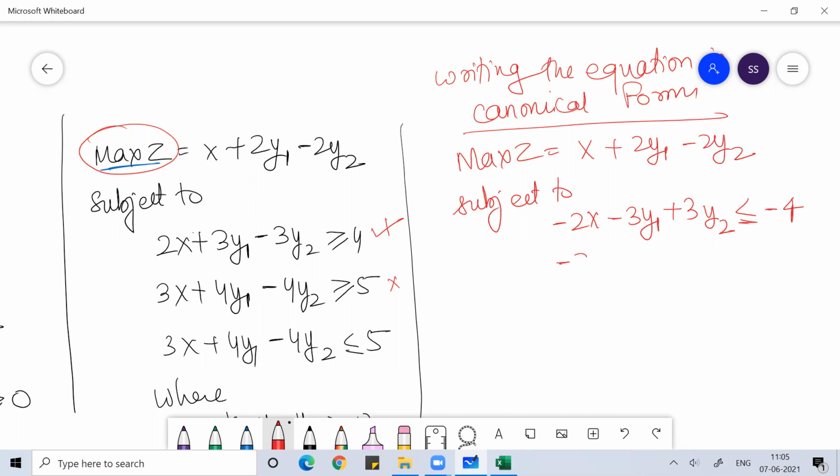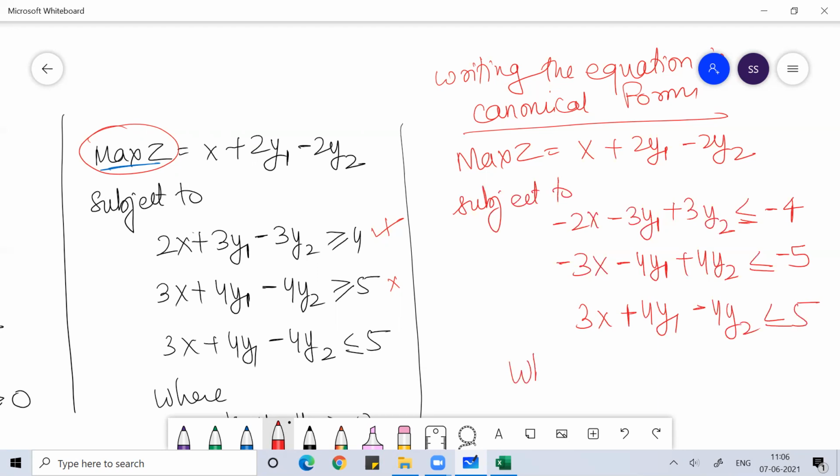Then minus 3x minus 4y1 plus 4y2 is less than or equal to minus 5. Then 3x plus 4y1 minus 4y2 is less than or equal to 5, where x, y1, y2 are greater than or equal to 0.